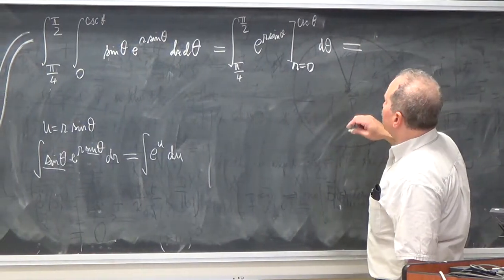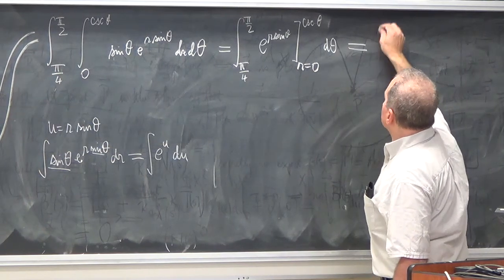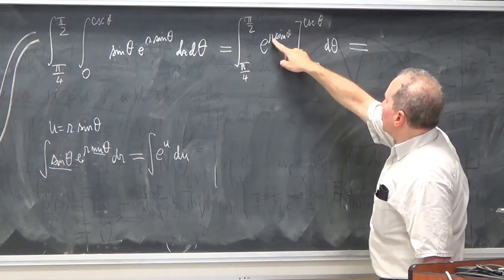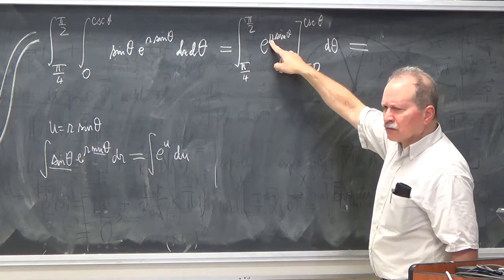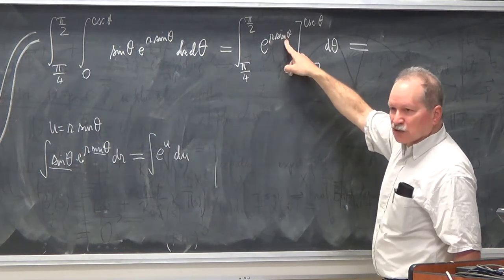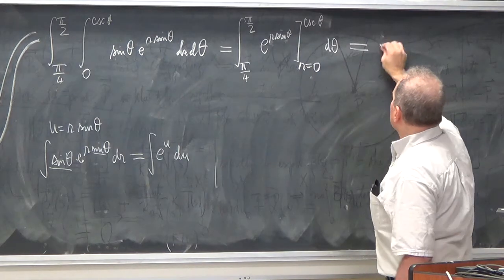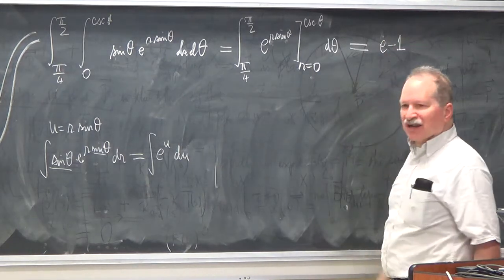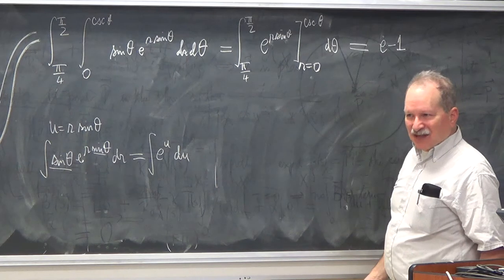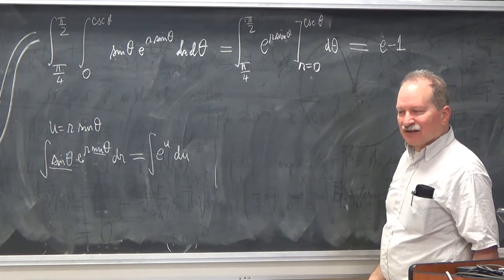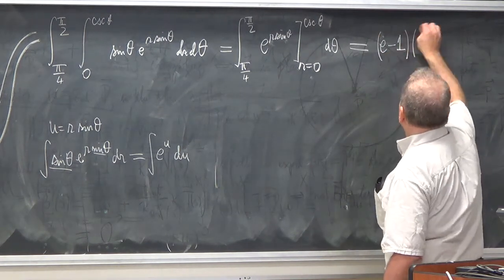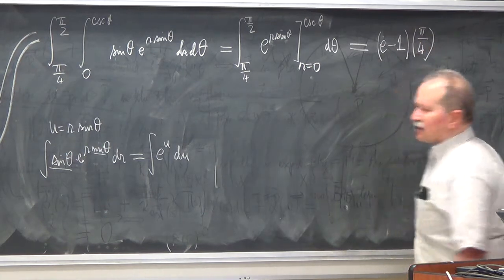I get e to the cosecant times sine, which is 1, minus e to the 0. So you have e minus 1 integrated d theta. It's a constant. So you get that times the integral of d theta from pi over 4 to pi over 2.